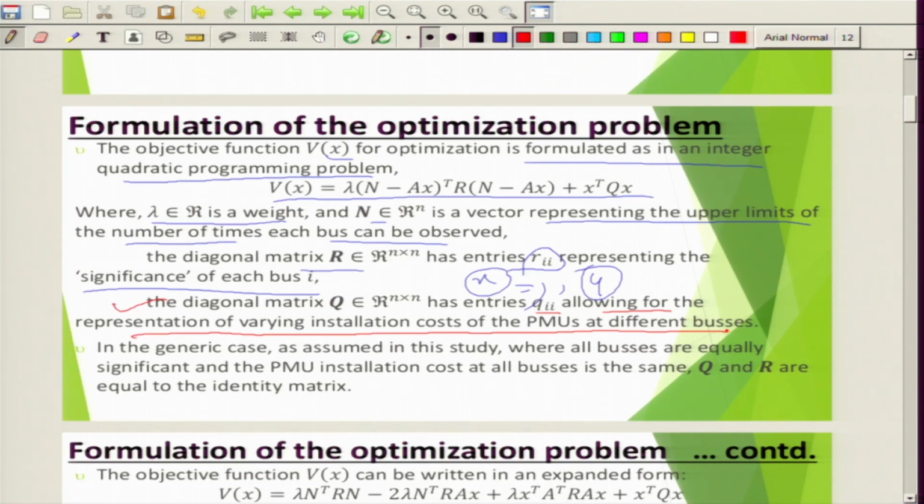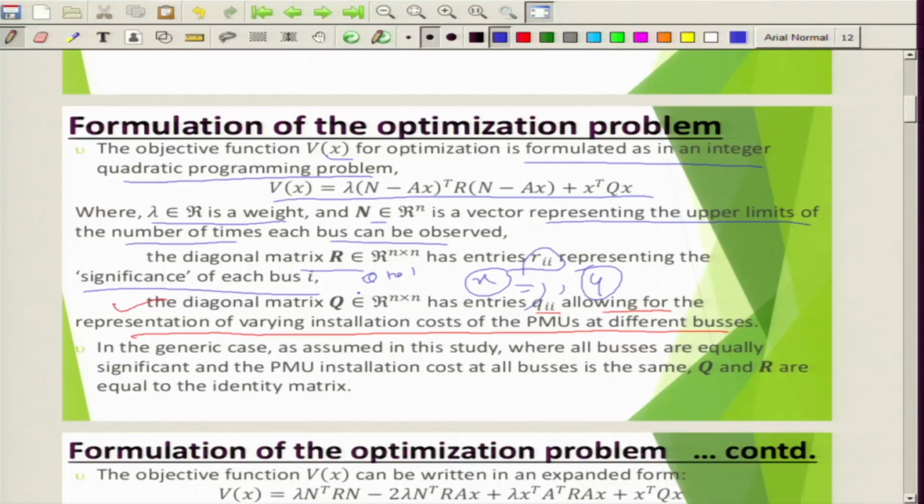The weightage could vary from 0 to 1, or you can simply mention, let us say, that a specific bus at which if you place the PMU, it can help to observe 10 buses. So the number of entries would be 10. For another bus, if you place a PMU there, you can observe, let us say, 5 buses. So the entry would be 5. It is decided like that.